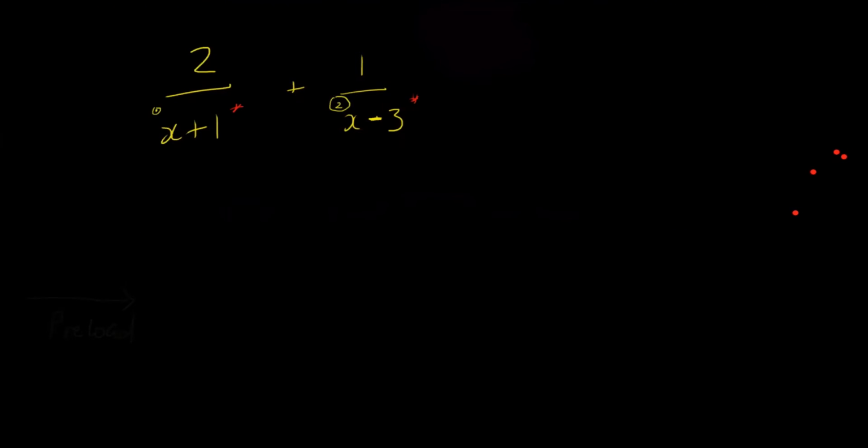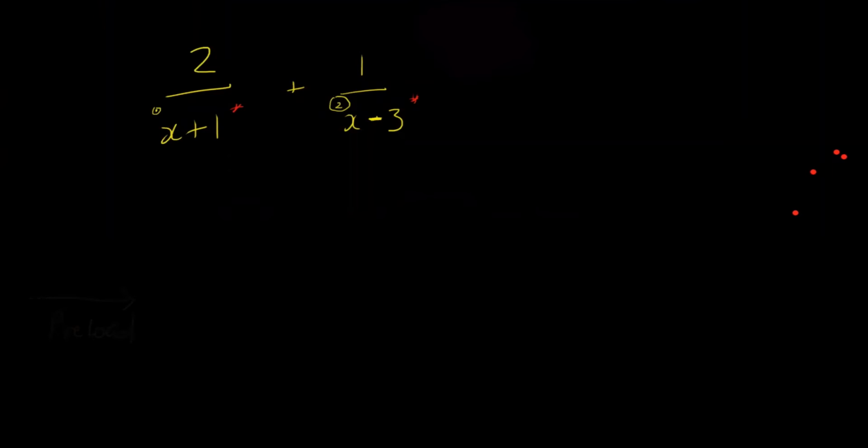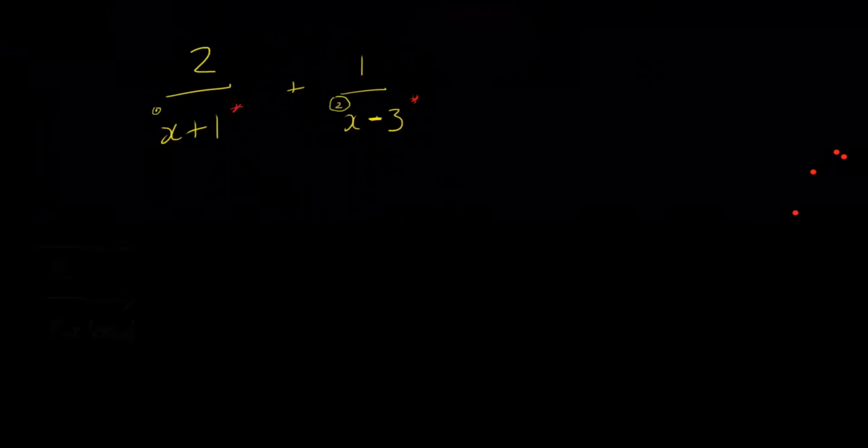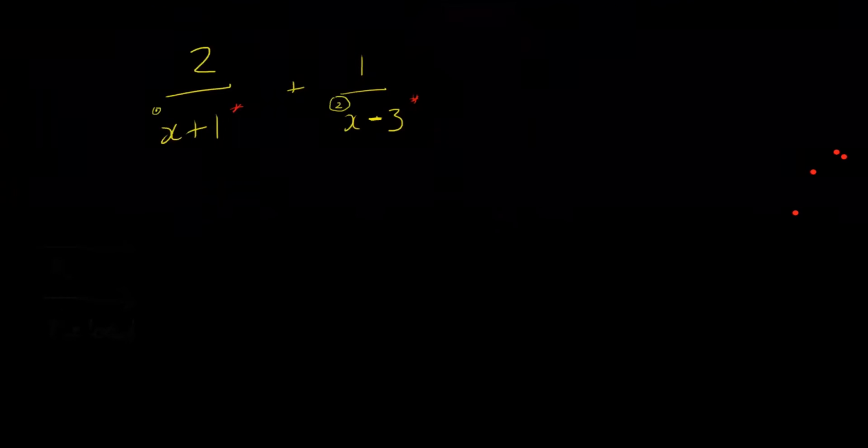So what can I do to get these two the same? I can multiply the first one by the second one and the second one by the first one to get the same number. Everyone, please listen carefully.